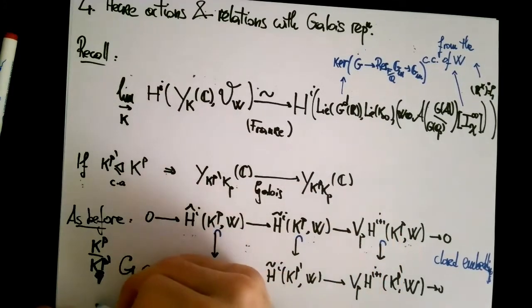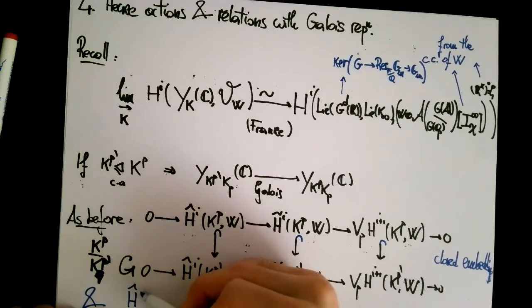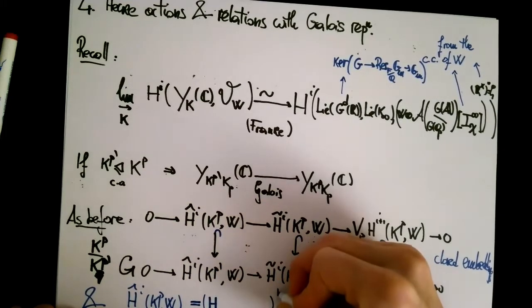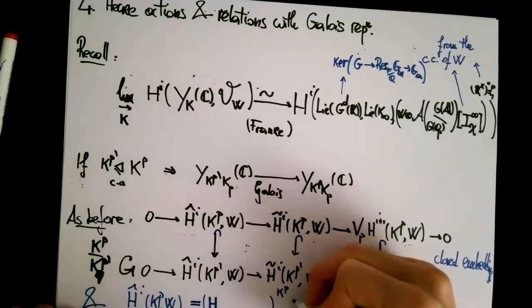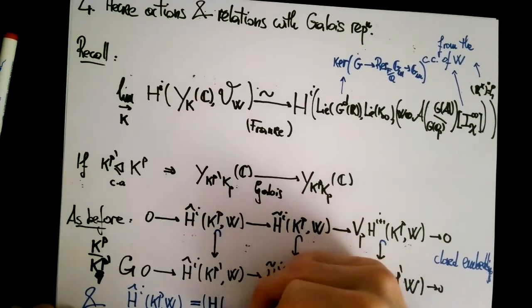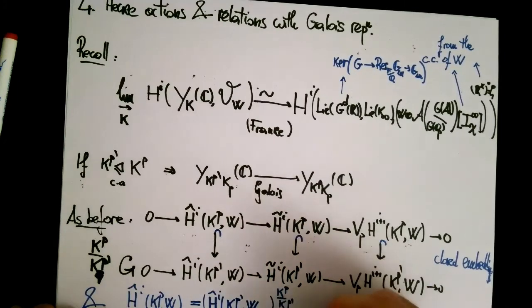So we can identify the space H^i K^p W can be reconstructed as the space of K^p invariance over K^p prime invariance of K^p prime W.